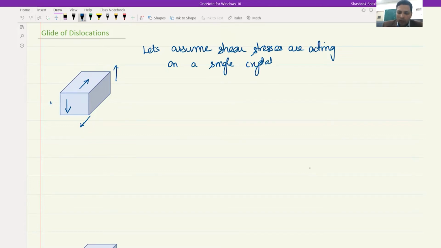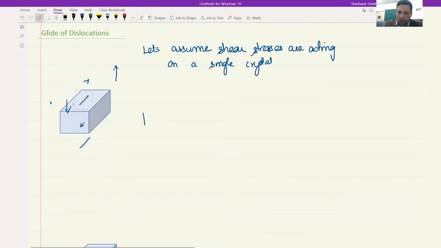I will move this a little bit to the bottom so that it does not interfere with my writing. So this was the shear stress, this was the shear stress, and this is the shear stress.